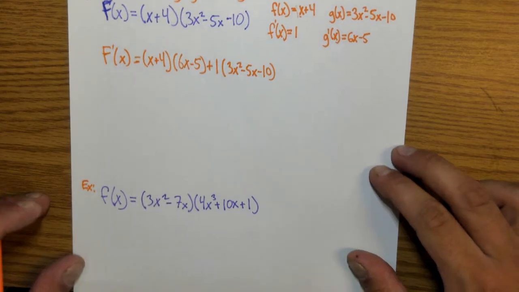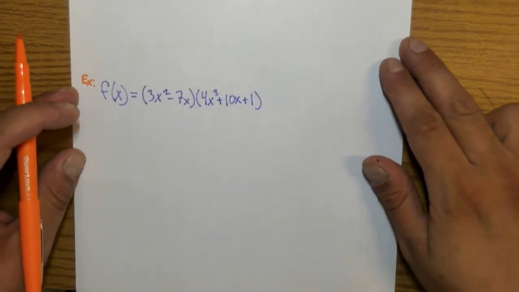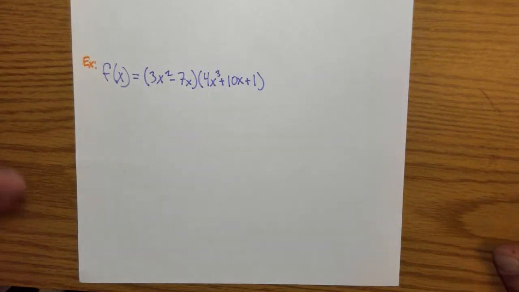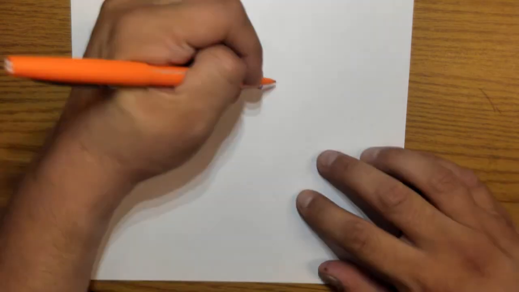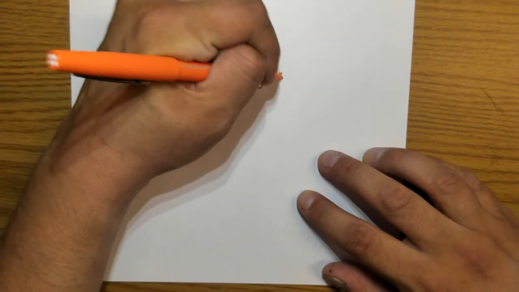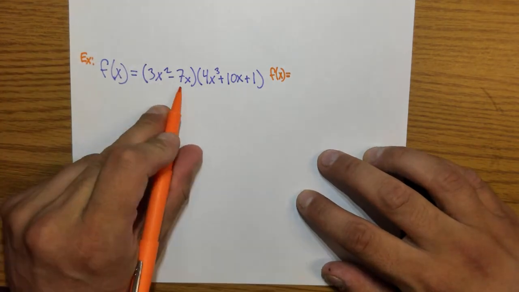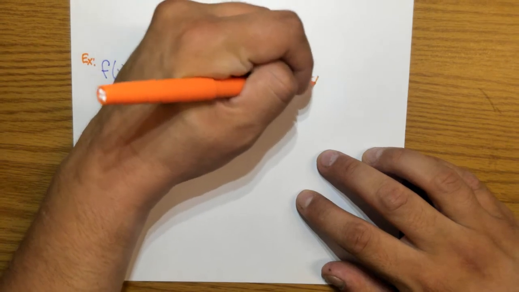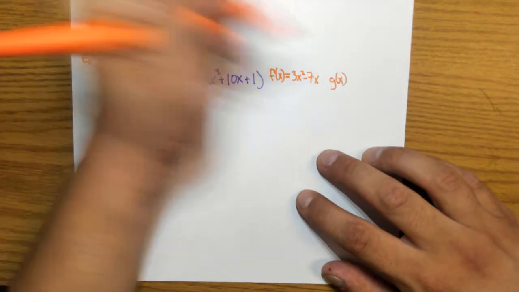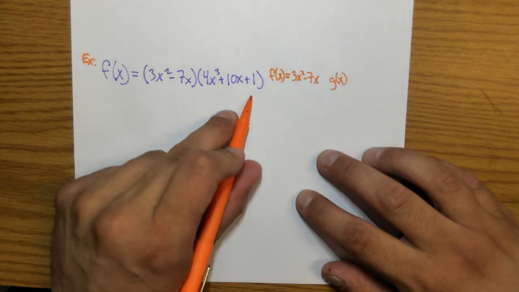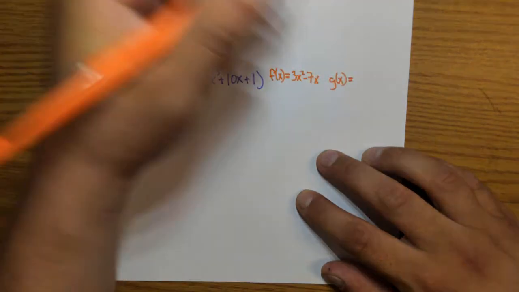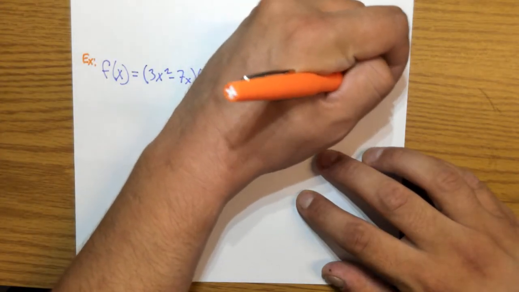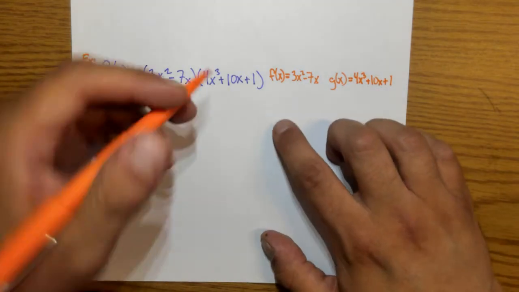So let's do a couple more here, just so we get some more good examples down. Okay, again, we'll start off defining our f of x and g of x. So f of x is 3x squared minus 7x. And g of x is 4x cubed plus 10x plus 1. So now to find the derivatives, because we'll need both of them.